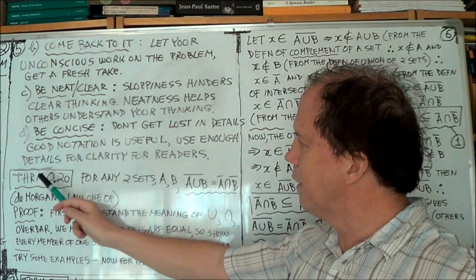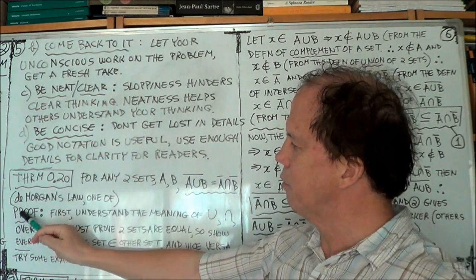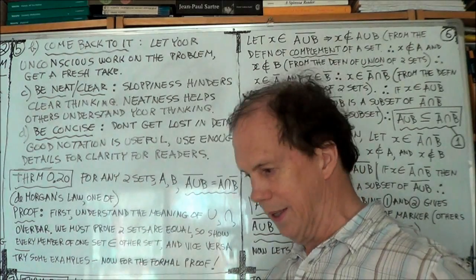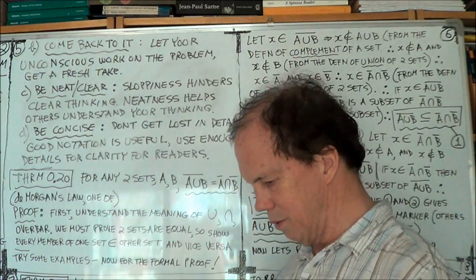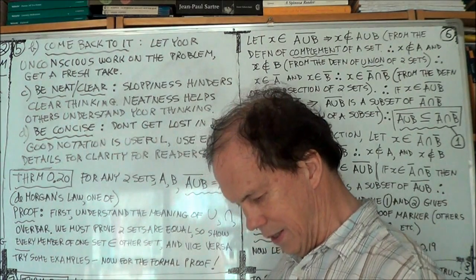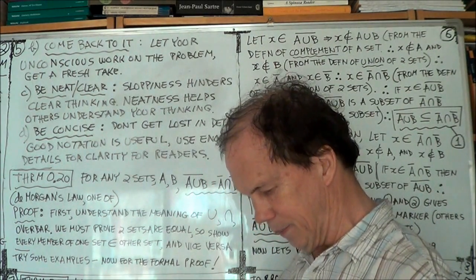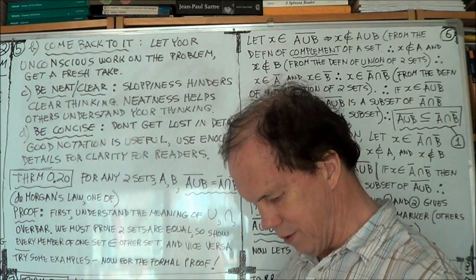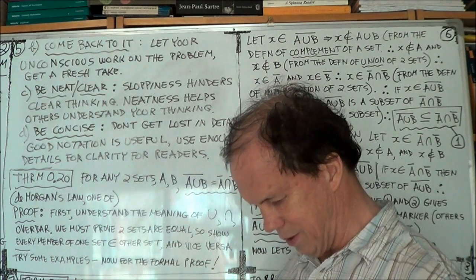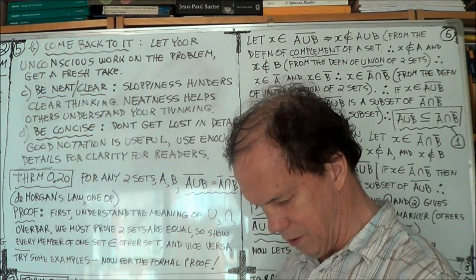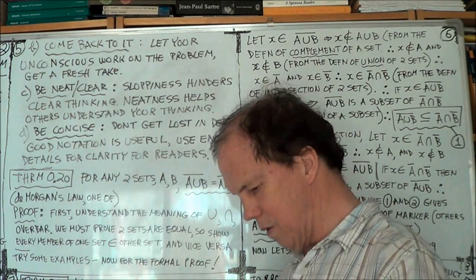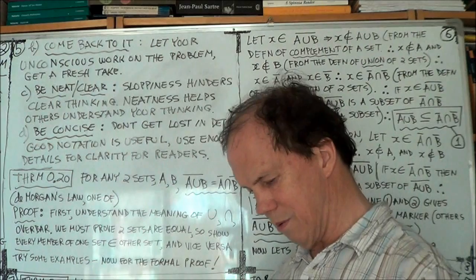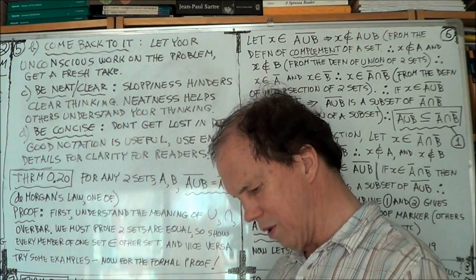Typically, after the theorem statement, you'll write the word proof. It's pretty standard in pure mathematics, certainly in this text as well. Let me just check. Let me get a proof rather than a corollary statement. There should be lots of them. Okay, here's one.